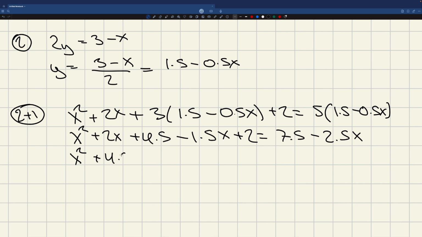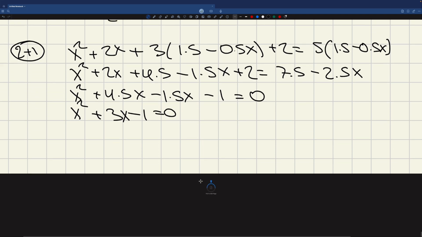So plus 4.5 minus 1.5x plus, so by adding this one and this one, we get 6.5. 6.5 minus 7.5 is -1, so we get -1 over here is equal to 0, there. Therefore x squared plus 3x minus 1 is equal to 0. Beautiful.